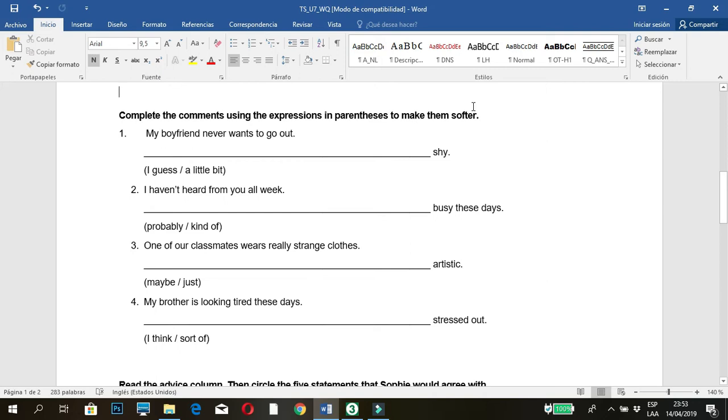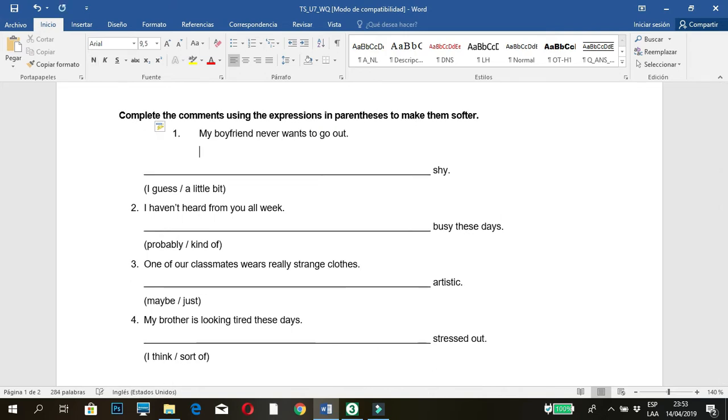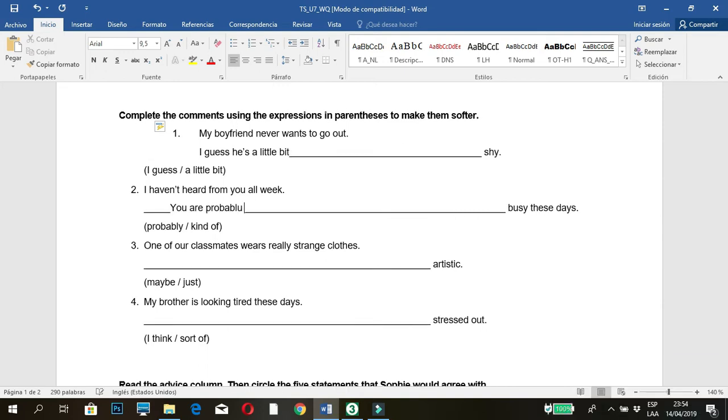So you have to do exactly the same what we did in the book, okay? So let's go. For example, it says, my boyfriend never wants to go out. So what can the other person say, for example? I guess you're probably kind of busy. Okay?